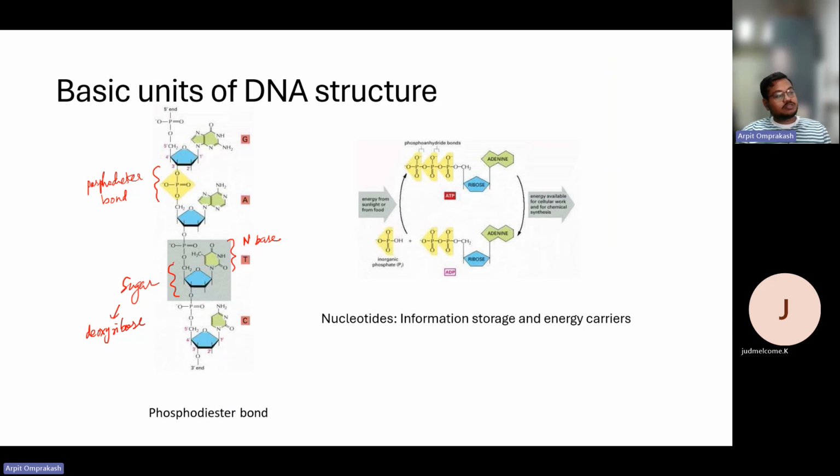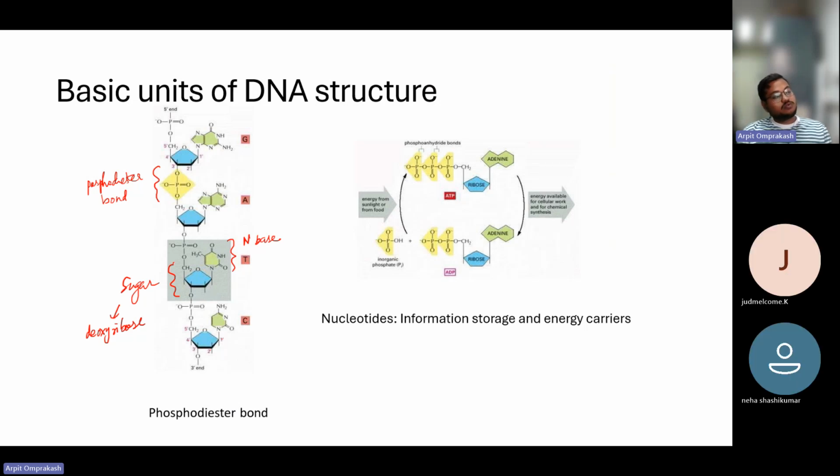What is happening is that in the 5' carbon, we have a phosphate group, which attaches to the oxygen atom, the OH group, that is the O end of the next sugar.